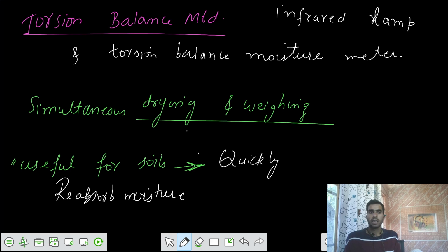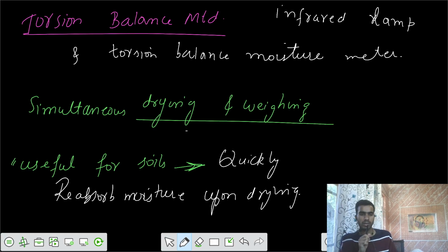Once they are dried, they can suddenly reabsorb moisture. So this method is useful for soils which quickly reabsorb moisture upon drying. That's your torsion balance method.